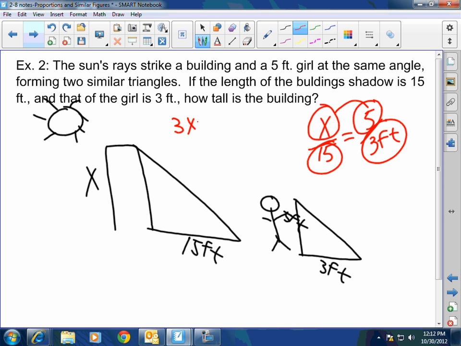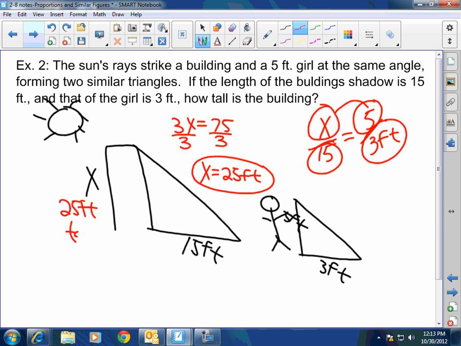So I've got 3x equals 75, divided by 3. X equals 25 feet tall. So the building is 25 feet tall. And that's it. It's pretty simple, no? It makes sense. Okay.